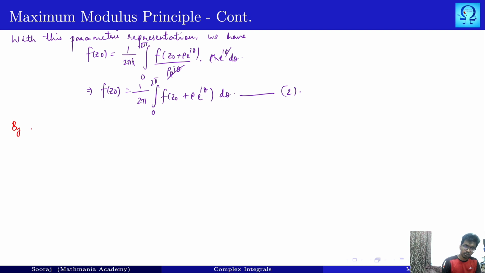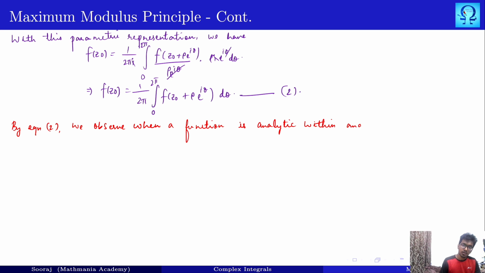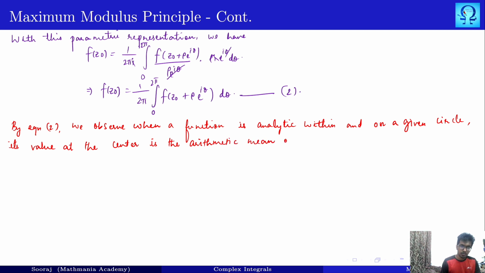So by equation 2 we observe when a function is analytic within and on a given circle, its value at the center is the arithmetic mean of its value on the circle.